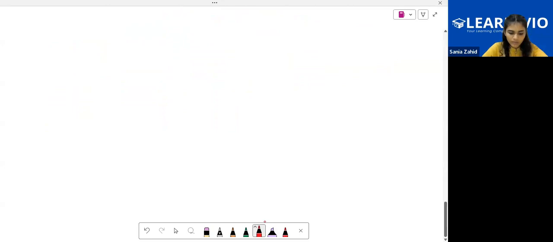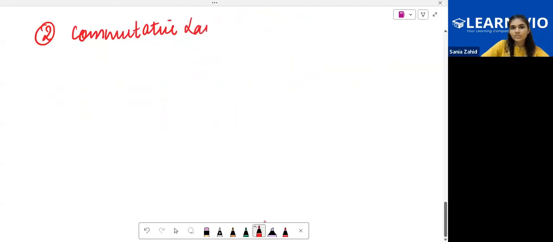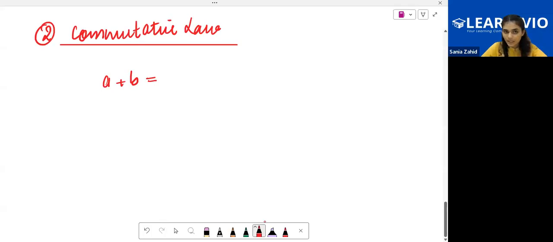Now, the second is the commutative property. What is the commutative property? See, for example, I have one integer a, I have the other integer b. Please first listen. When I ask you, then tell me. So we have two integers. We can add them in any order. On doing a plus b, I will get the same answer as on doing b plus a.